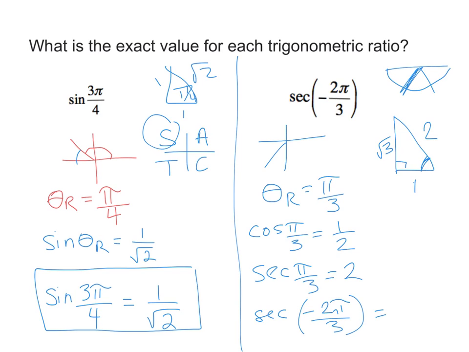Is it positive 2 or negative 2? In that third quadrant, only tangent is positive, which means tangent and cotangent, because they're reciprocals of each other. But sine and cosine are negative, which means secant is also negative, so this should be negative 2.